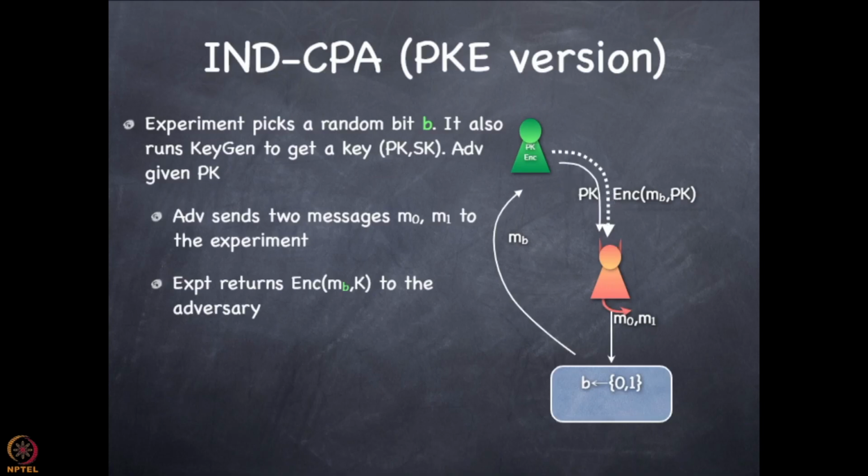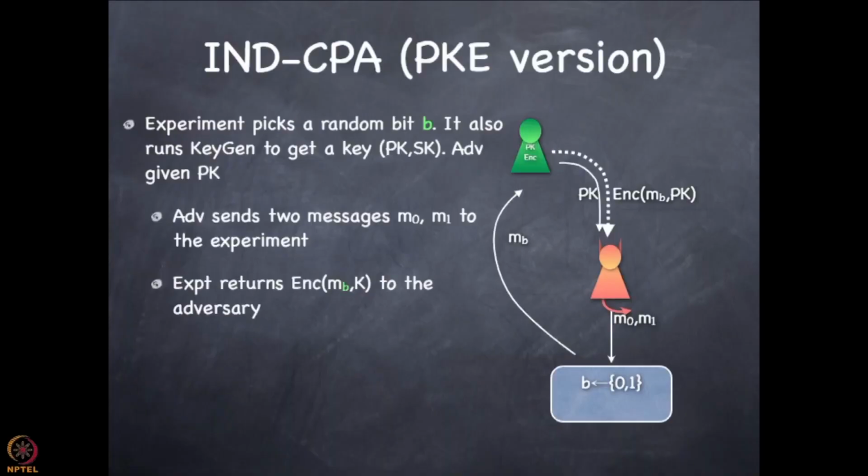That doesn't mean it's the same experiment, but there is an argument you can make to show that if you are secure according to this definition, which has only one ciphertext being created by the experiment, but the adversary can create any number of ciphertexts they want, then it will be secure against an adversary who can also query m0, m1 as many times as it wants. So it's a little simpler definition than what I showed you for the symmetric key encryption version.